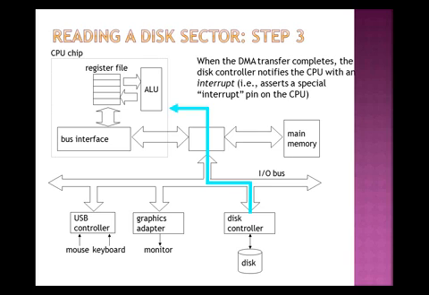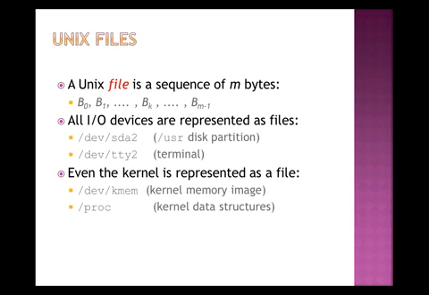When the DMA transfer completes, the data has gone to the main memory, and the disk controller notifies the CPU with an interrupt, that is, it asserts a special interrupt pin on the CPU. That is also part of how to read data from the disk.